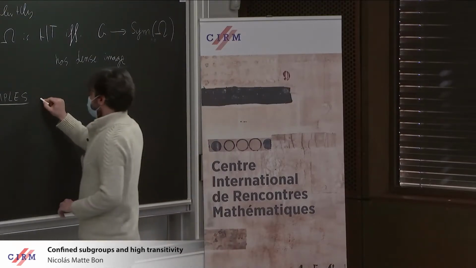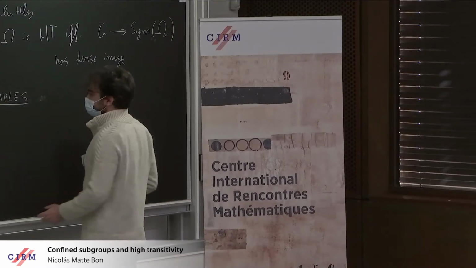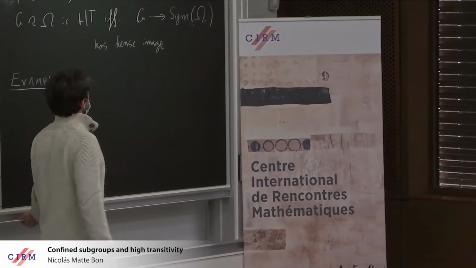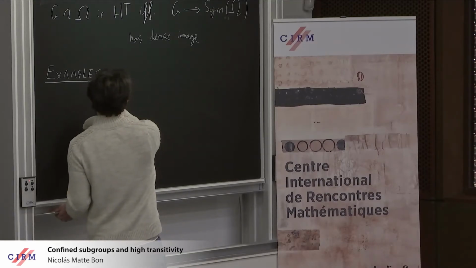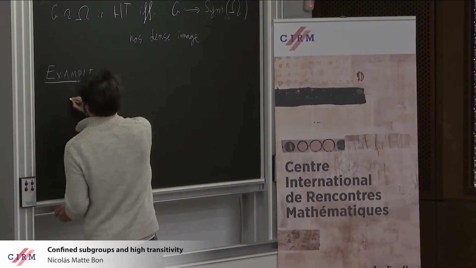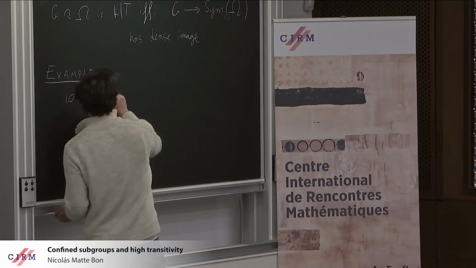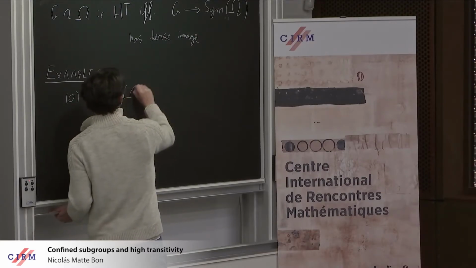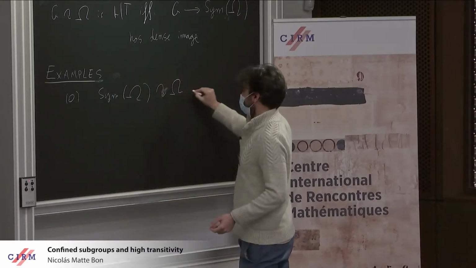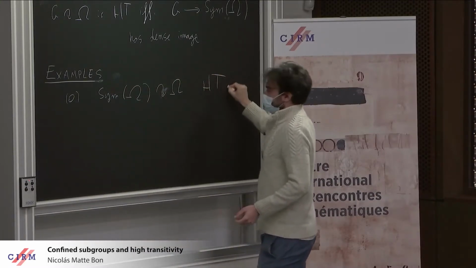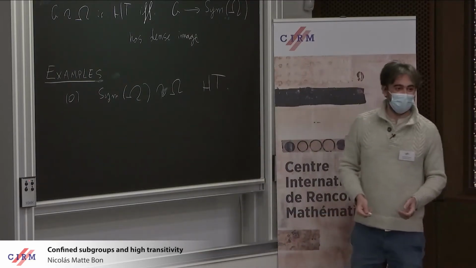So examples: there is a class of somewhat trivial examples. Example 0 is the symmetric group over a set, which is obviously a highly transitive group because it acts highly transitively on the set omega.